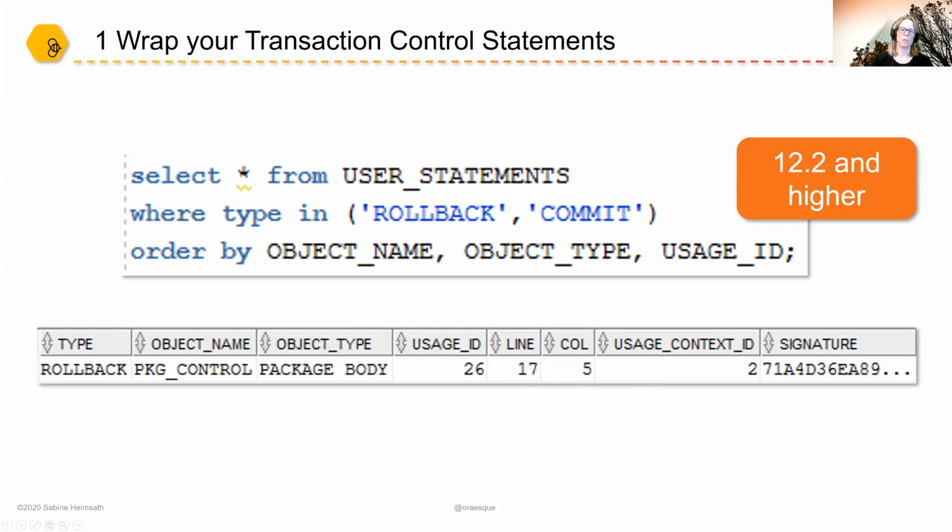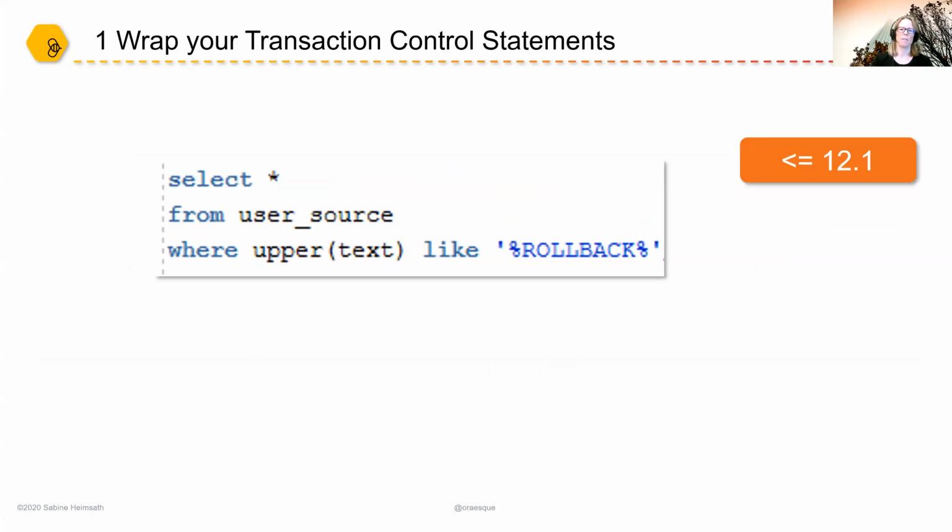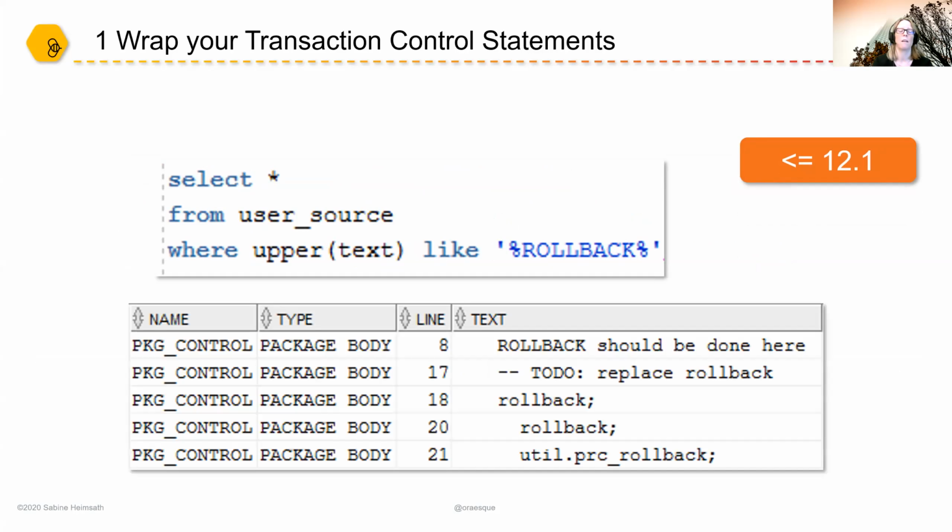If you are not on 12.2 or higher, then you do what people have been doing for centuries: select star from user_source and look for rollbacks. There's only one drawback. You get a lot more hits, and sometimes it's quite obvious why.